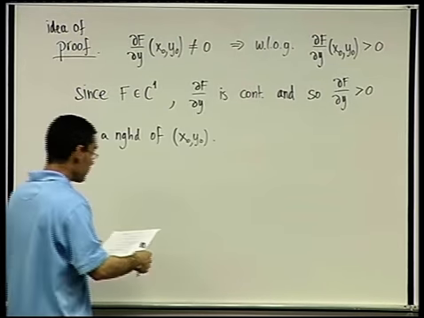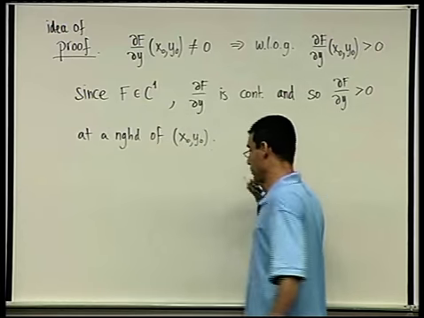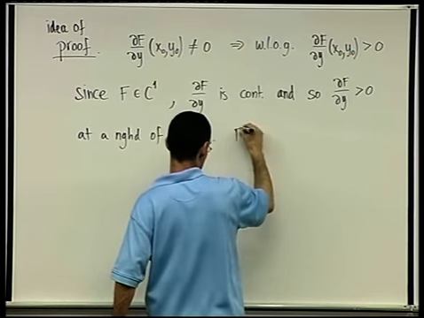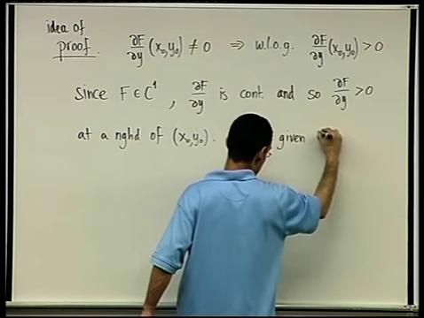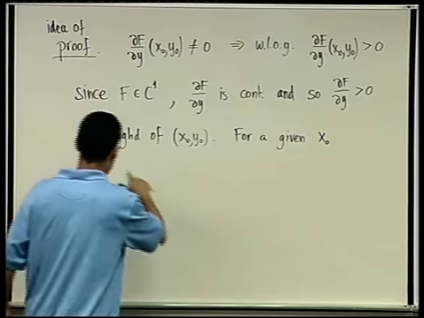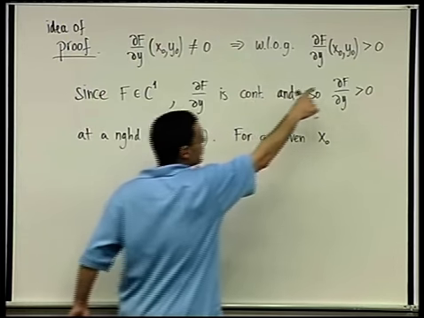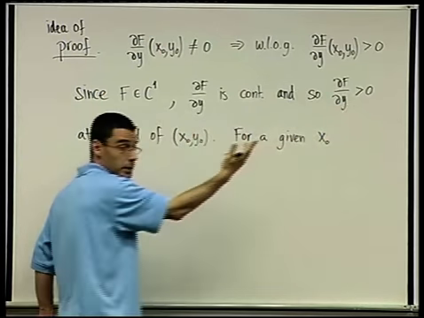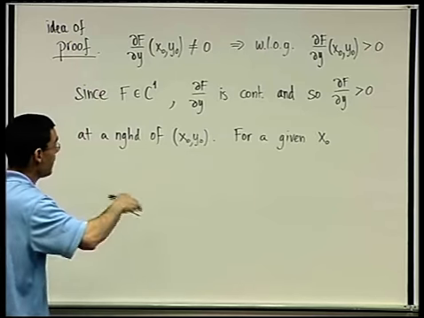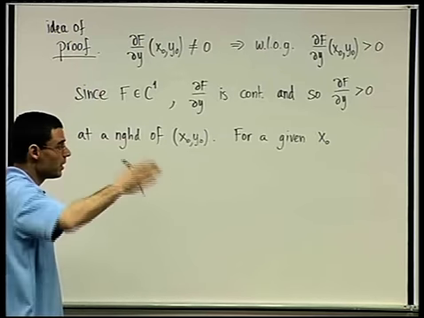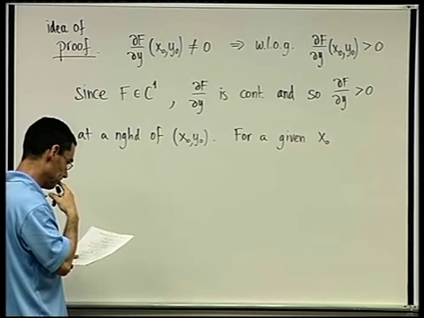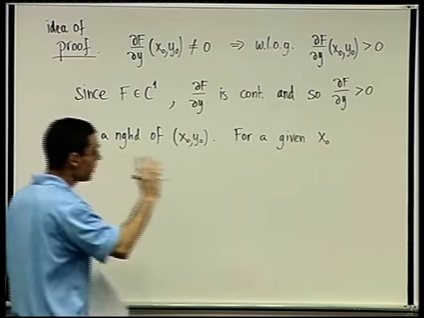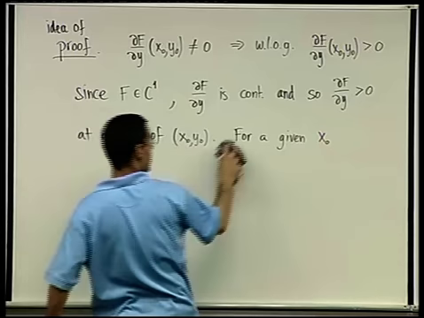Now, let's fix x0 temporarily. So for a given x0, again, df to dy is a function of two variables. I know it's positive in some neighborhood. Sorry, x0 is given.